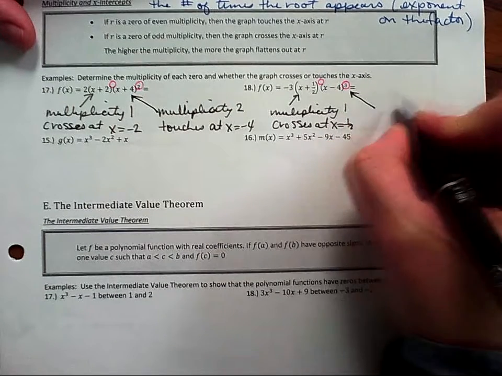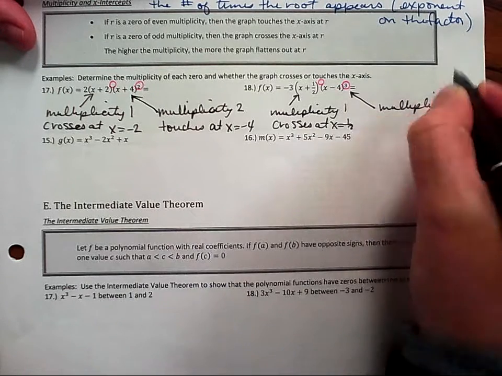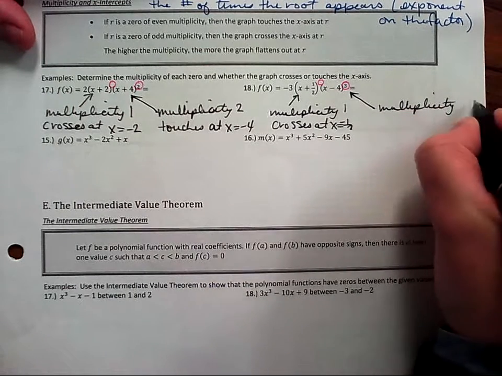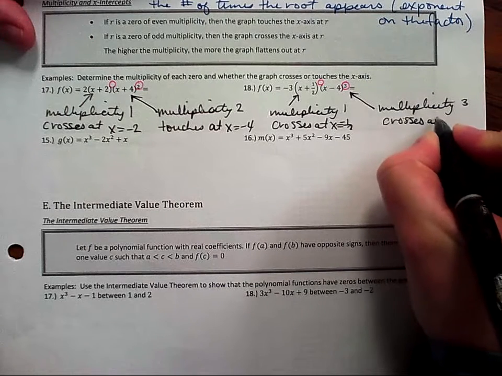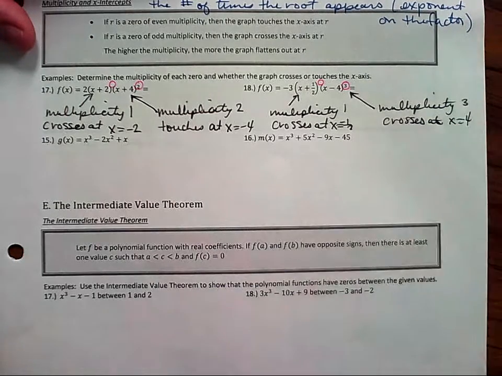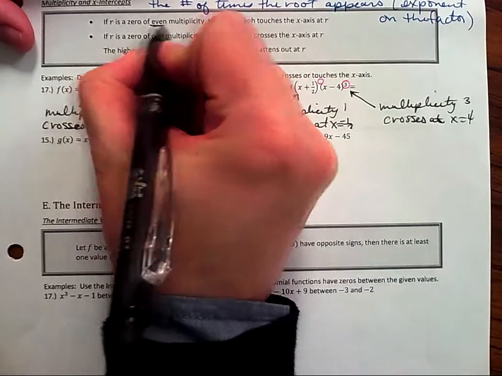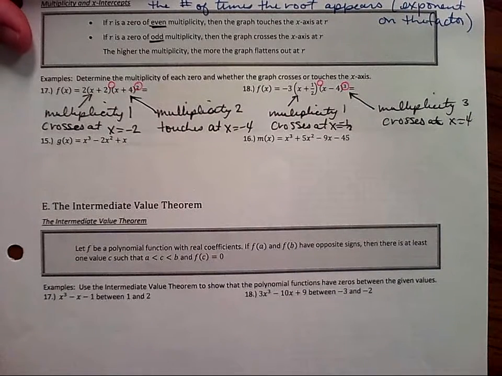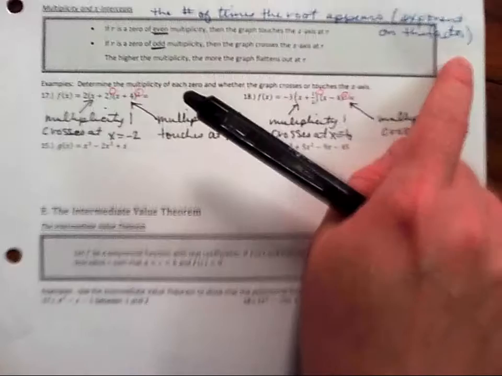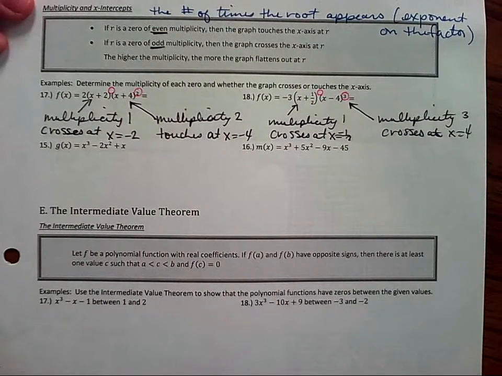Here, multiplicity 3. Multiplicity 3 crosses at x equals 4. So odd multiplicity or even multiplicity, that's what I'm looking at, whether it touches or crosses. Multiplicity is the exponent on the factor, or the number of times the root appears. Okay?